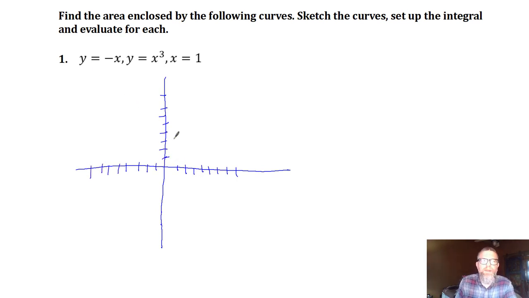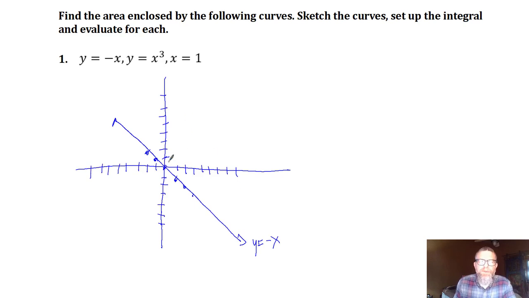All right, so first off, y equals negative x. You know it's going to be a linear function that goes through the origin with a slope of -1. And so it's going to look like this. Okay, so that's going to be y equals negative x.